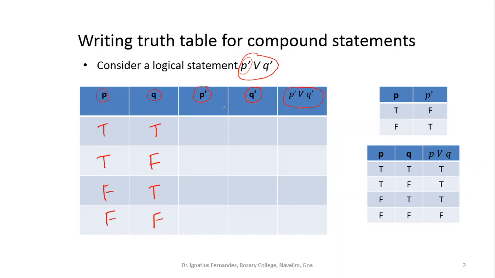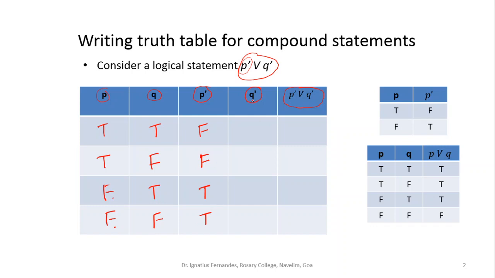Okay, so now, coming back to this table. Now for P, I am writing not P. So I have to just write down the opposite of P here. So if P is true, I know that not P is false. Here P is true, so not P is false. Here P is false, so the opposite of that is true. P is false here, so the opposite of that is true.